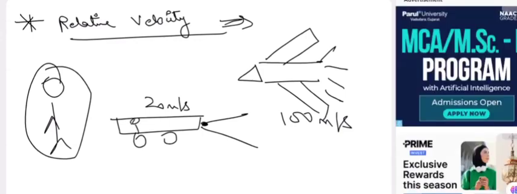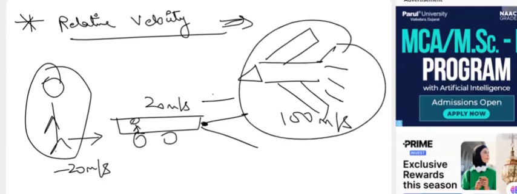And if a person is now sitting inside the car, then according to this person, the person standing is traveling with minus 20 meter per second, and the plane is traveling towards him with 100 plus 20, that is 120 meter per second.